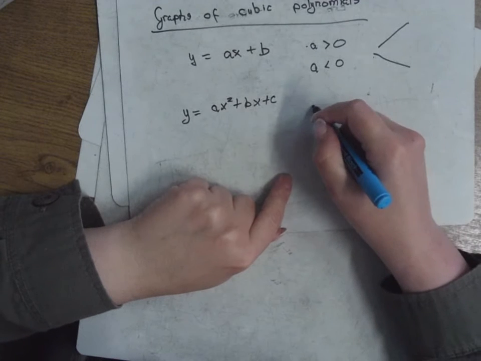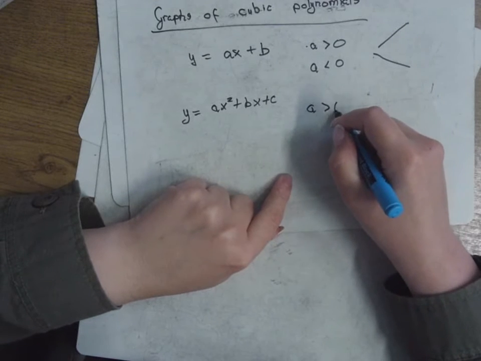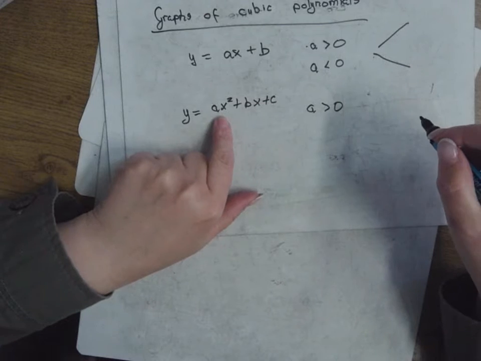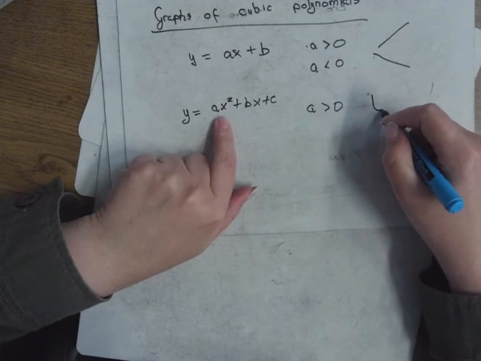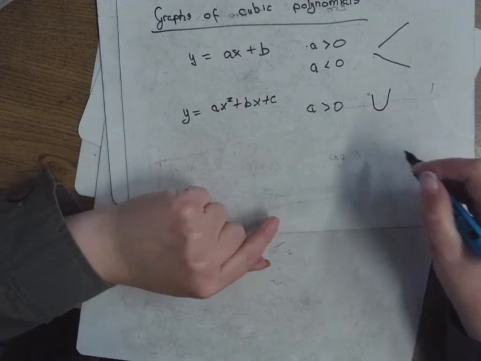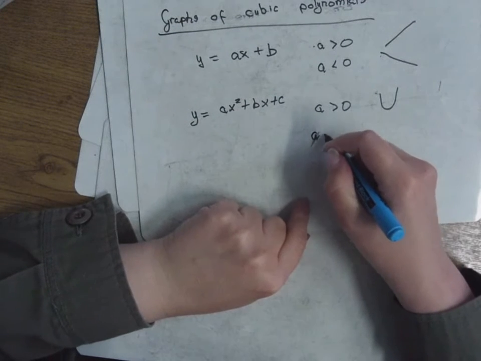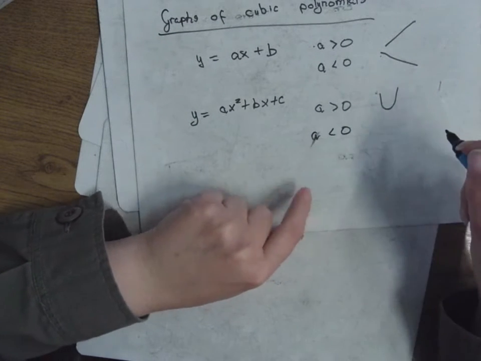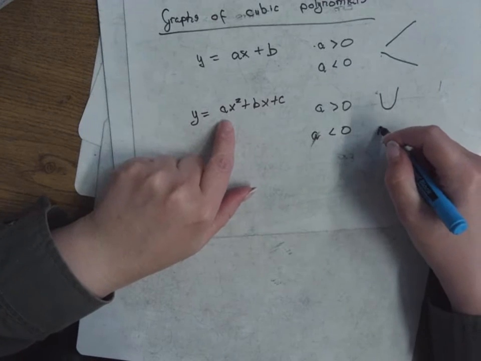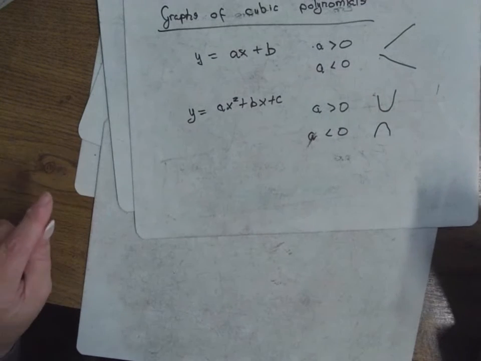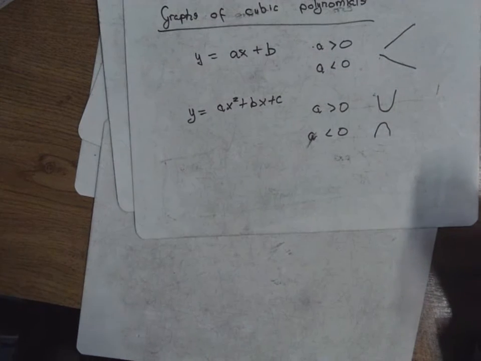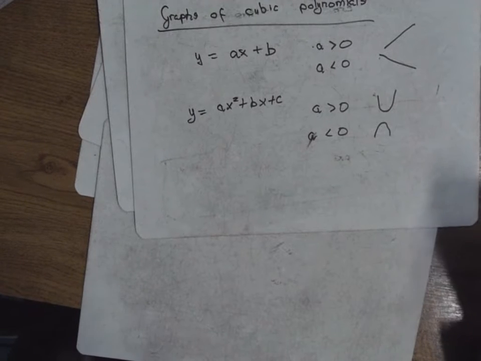If a is greater than naught, as in if the number in front of x squared is positive, when we're positive we're all smiling. And if a, the number in front of x squared, is negative, less than naught, we're all sad, down in the dumps. Is that okay? We learnt all this before, yeah?